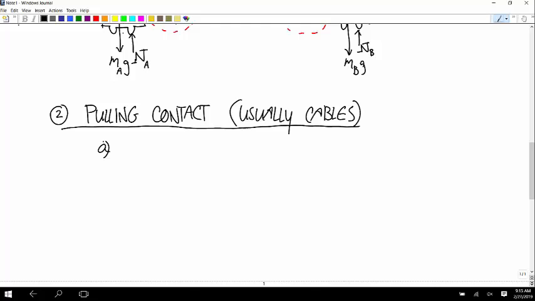And pulling contacts are along the line parallel to the cable.